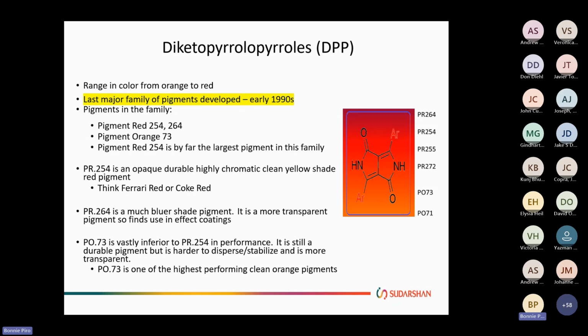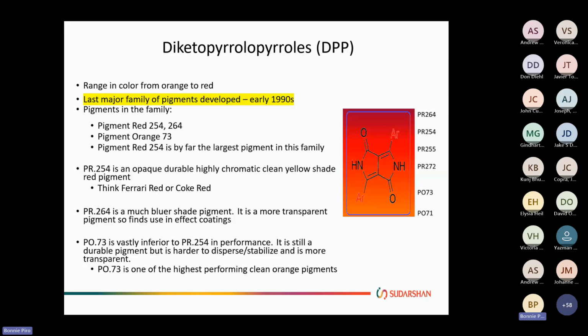So we've all been through the whole red BO introduction way back when. This family of pigments ranges from the blue shade red all the way through to the more yellow shade orange, all bringing with it those nice properties of a high performance pigment.